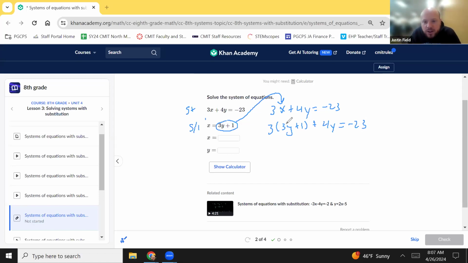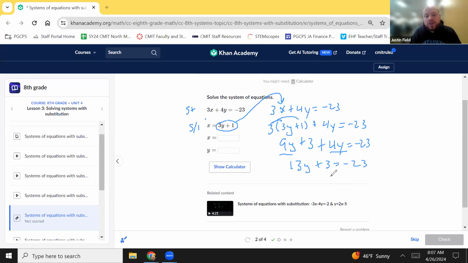Okay, so now we're going to distribute. So 9y plus 3 plus 4y equals negative 23. Now we're going to combine our like terms, which is 13y plus 3. Oh, did I say solve a one-step equation?